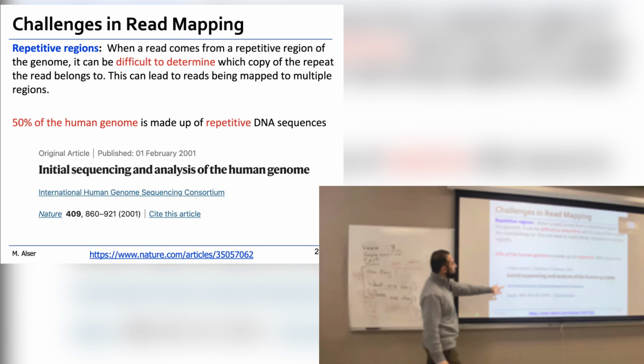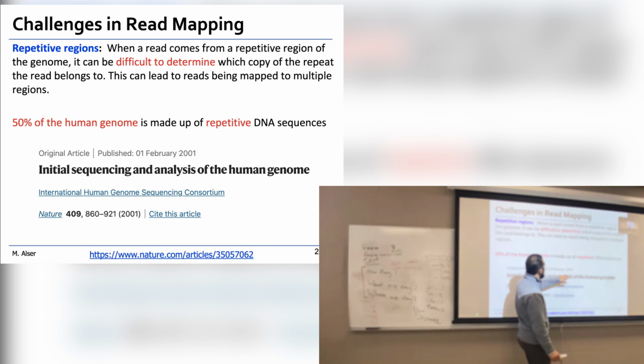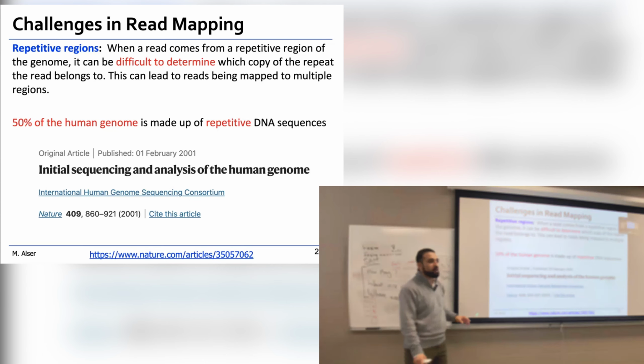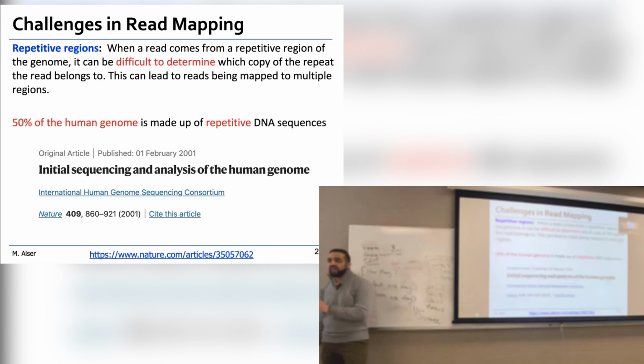Yeah, so this is the paper, if you're interested, from 2001, which claims that we have about 50% duplication in the human genome. This number really varies. For example, there's a paper showing that there is about 40% similarity between the banana genome and the human genome. Imagine a fruit sharing such similarity with a human.